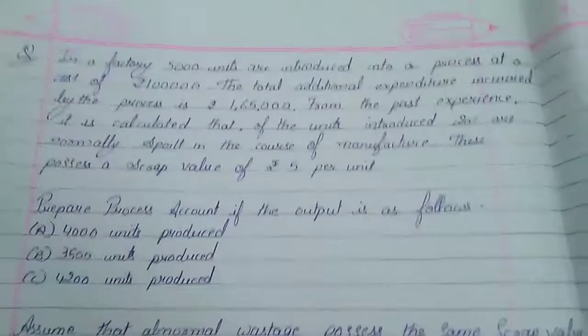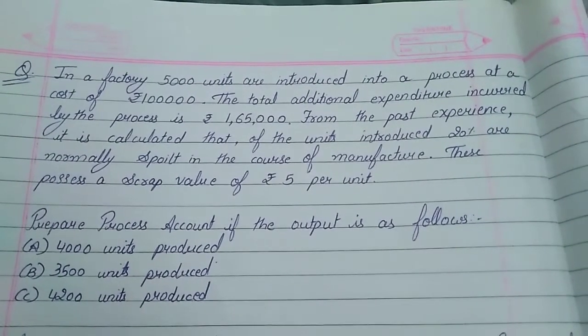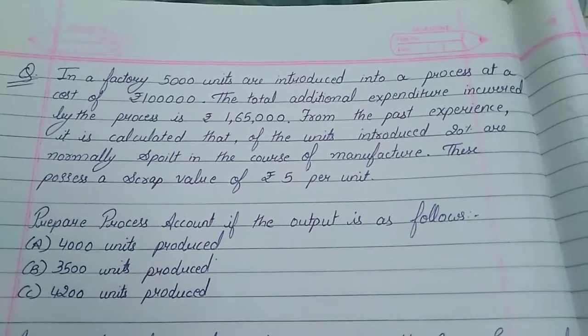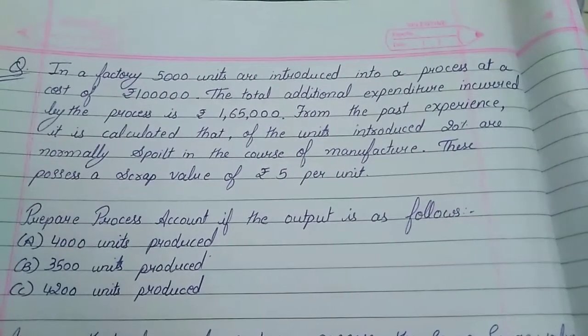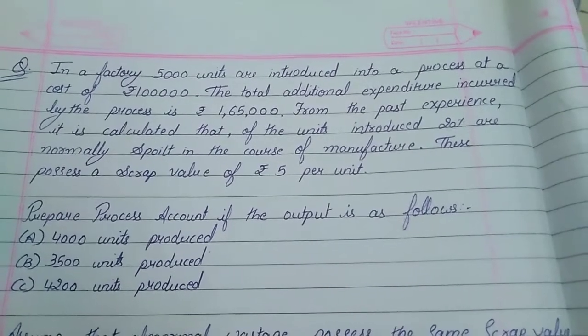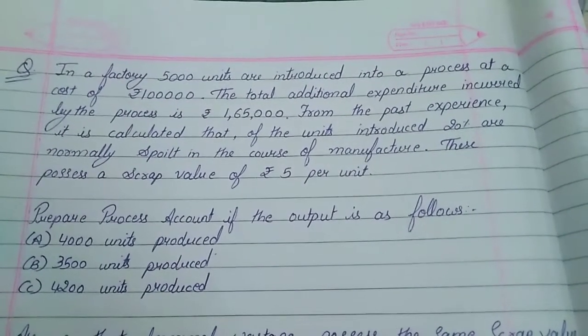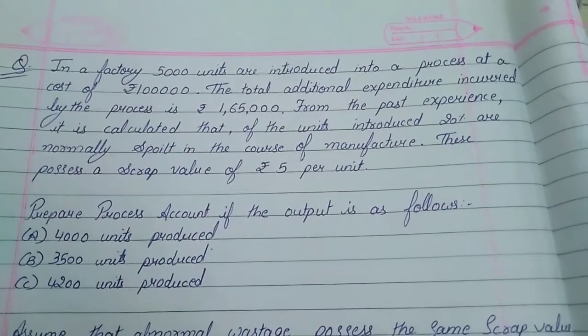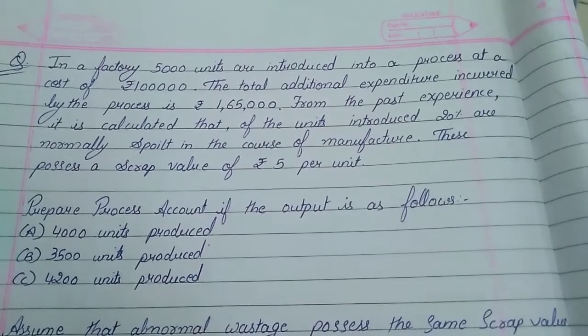Our question is, in a factory, 5000 units are introduced into a process at a cost of rupees 1 lakh. The total additional expenditure incurred by the process is rupees 1 lakh 65,000. From past experience, it is calculated that of the units introduced, 20% are normally spoiled in the course of manufacture.